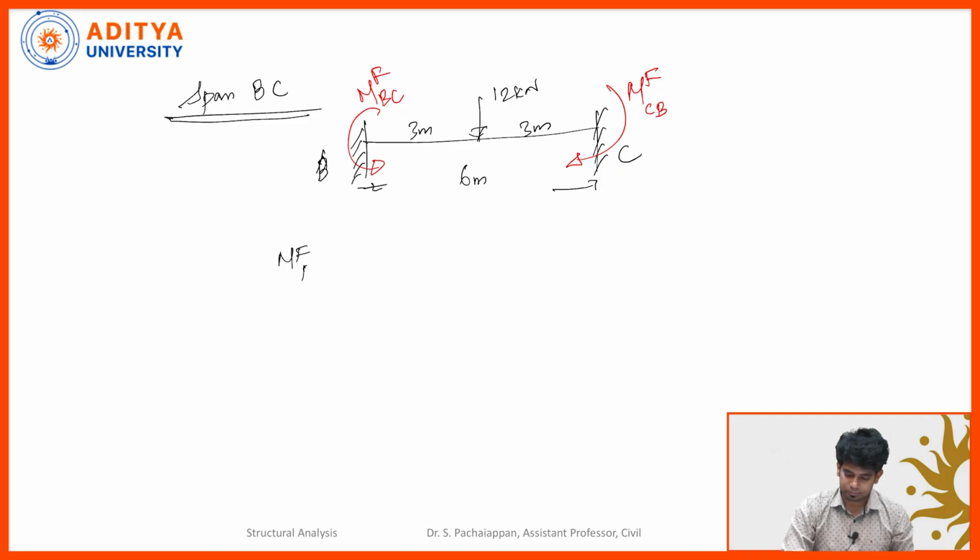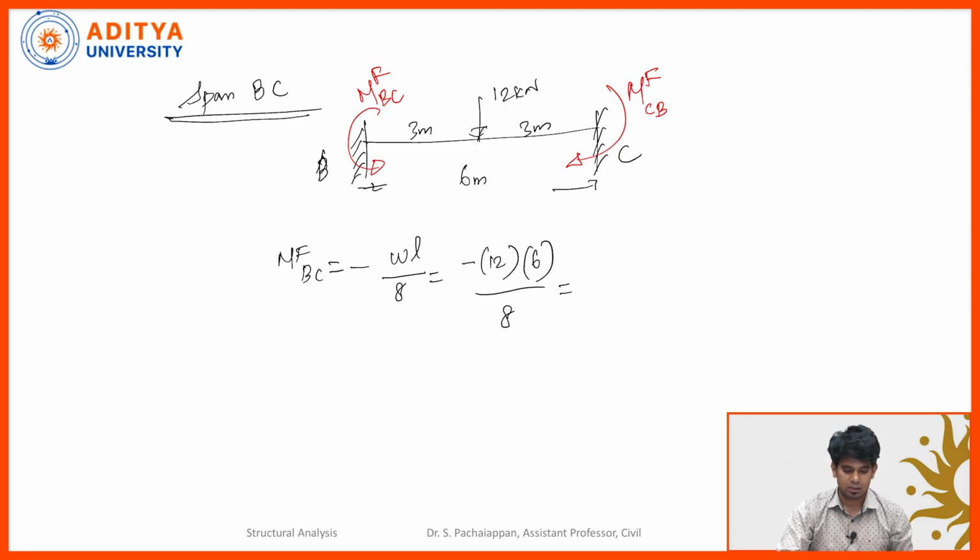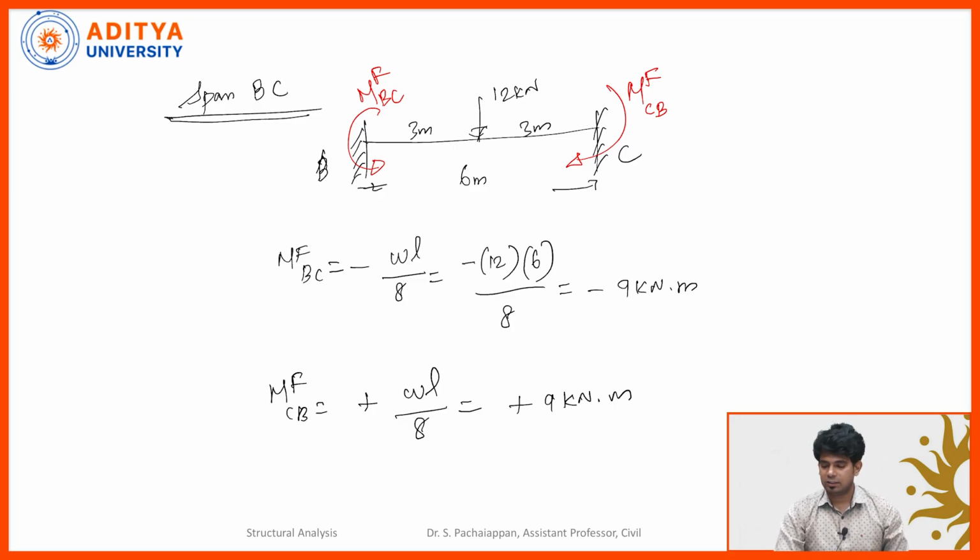MFBC is equal to minus WL by 8. Substituting, minus 12 times L, which is 6 meters, by 8, so I get minus 9. Then MFCB is plus WL by 8, so I will get plus 9 kilonewton meter. We completed step 1, that is the fixed end moments.